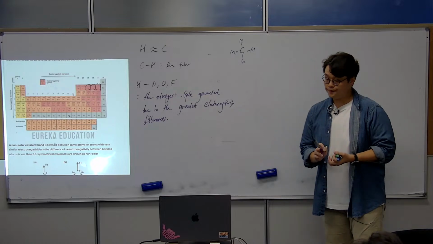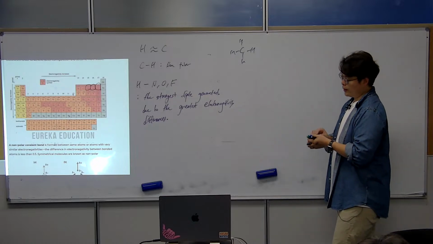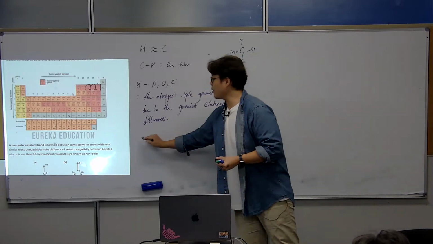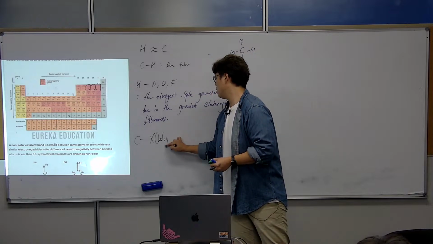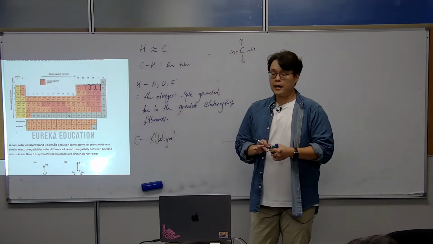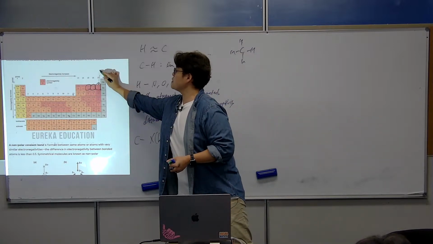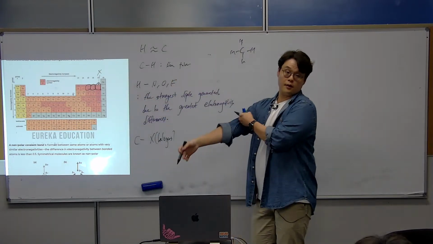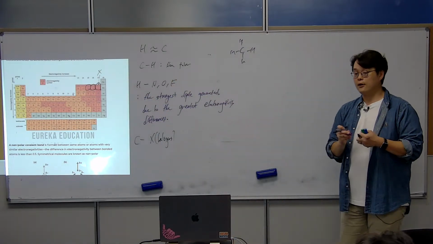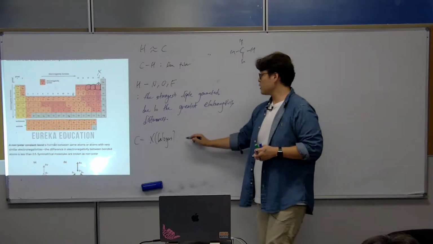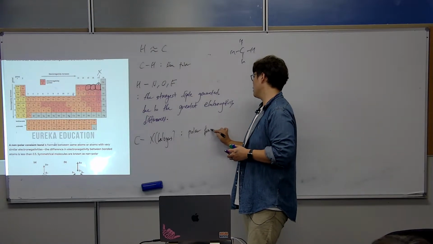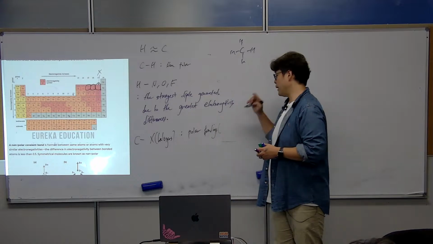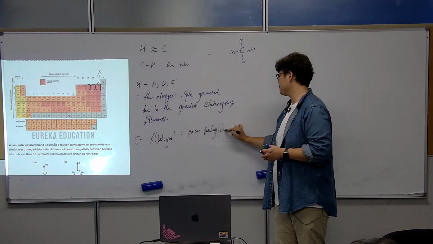Okay, now, what about this one? When carbon is forming a bond with the halogen, X, that's the halogens. X, as in group 17, is a special symbol for the halogens. They're forming polar bonds too, or we call that a dipole as well.